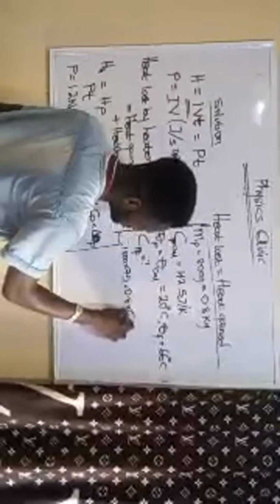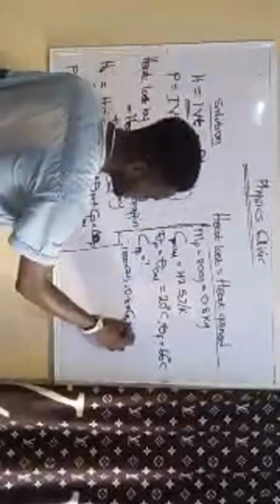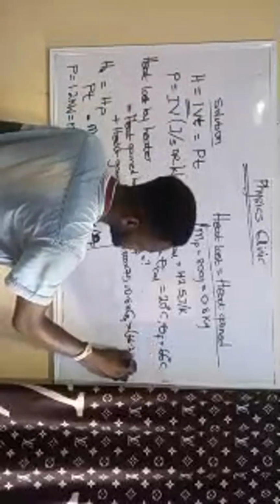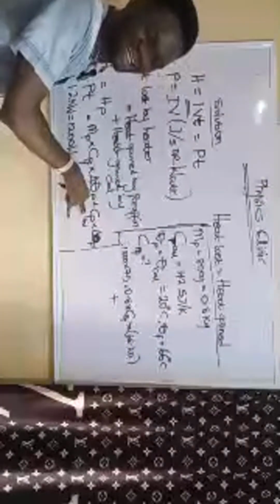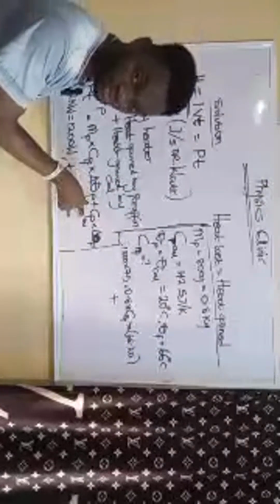What's the mass of paraffin again? 0.8, times the specific heat capacity of paraffin that we are yet to know, C_PF, times the temperature difference that paraffin will undergo. That will be theta F, in this case 66 minus 20, plus, we now consider the calorimeter.